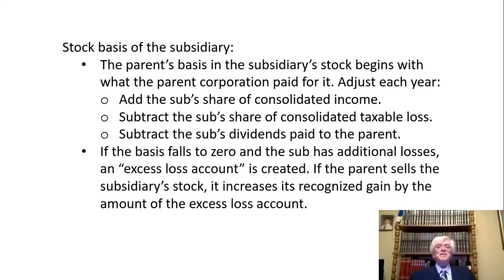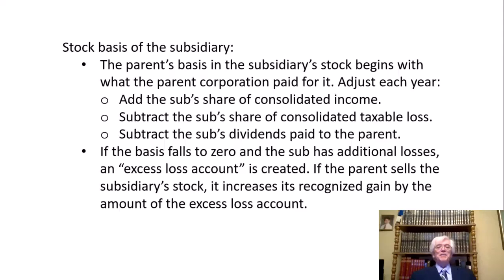And if the parent sells the subsidiary's stock, it will increase its recognized gain by the amount of that excess loss account. So we couldn't reduce the subsidiary's basis to negative $20,000. So instead, we will create an excess loss account of $20,000.